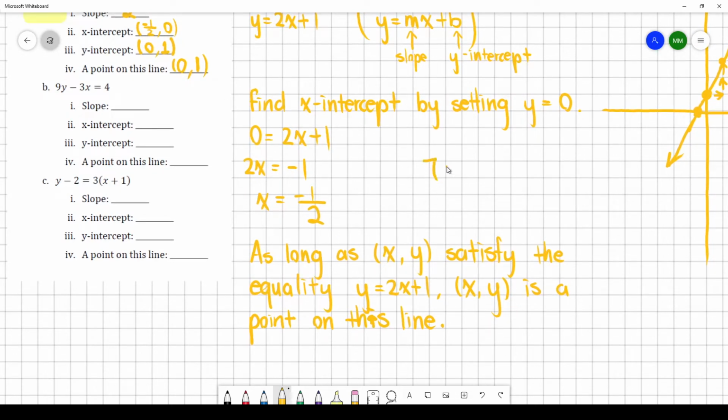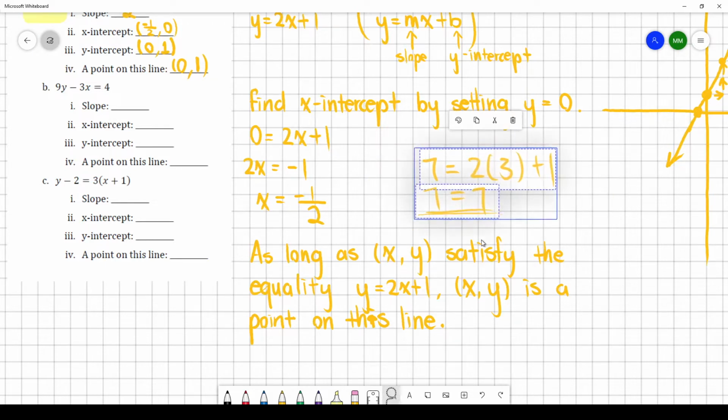I plug the numbers in. So for (3, 7), 7 is equal to 2 times 3 plus 1, and 7 is indeed equal to 7. So the equality is satisfied. So x is 3, y is 7, and that will be a point on the line.